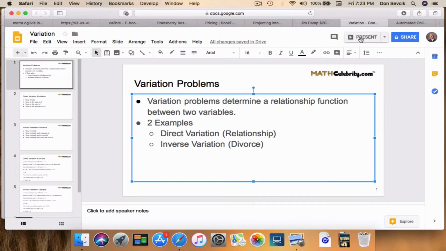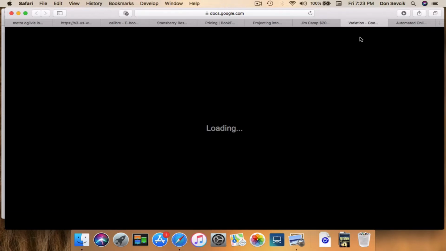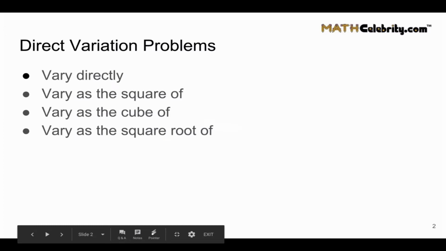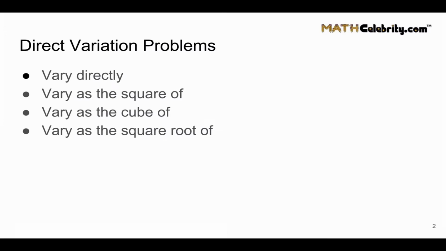So let's go to the next slide. We've got direct and inverse variation problems. Let's start with direct variation problems and how you recognize one. Usually there are 4 or 5 very specific phrases to watch out for: vary directly, vary as the square of, vary as the cube of, or vary as the square root of.